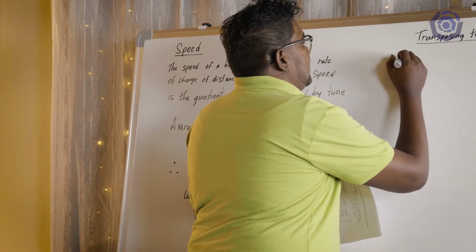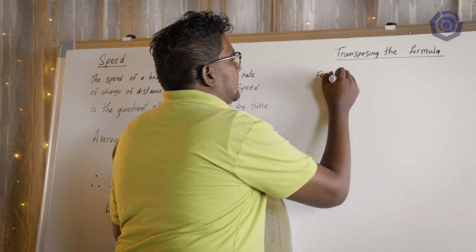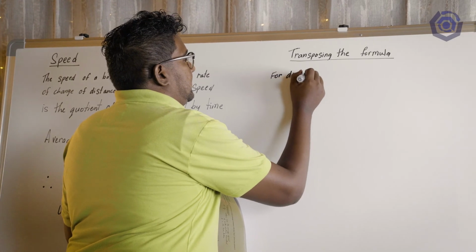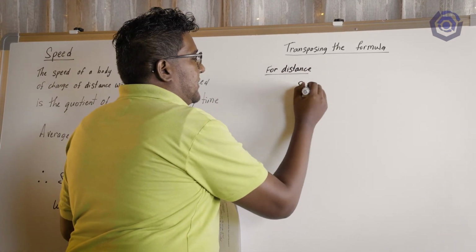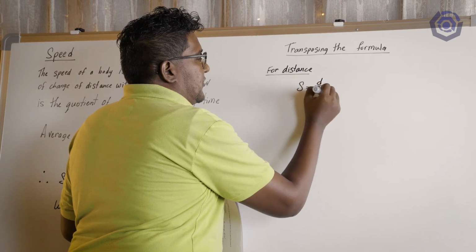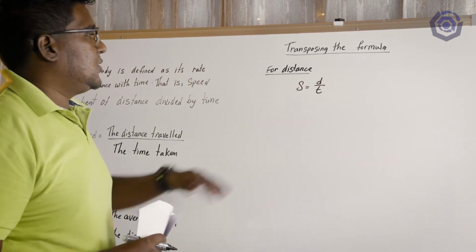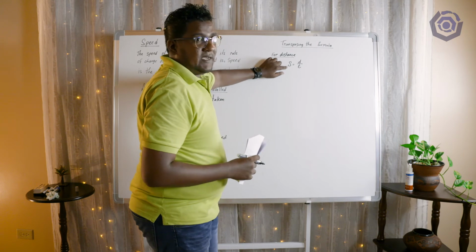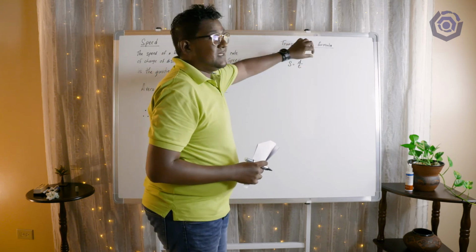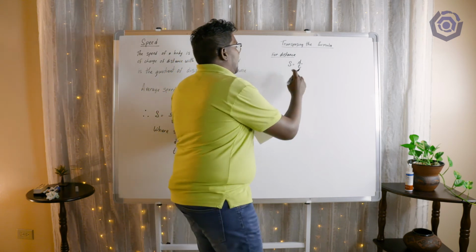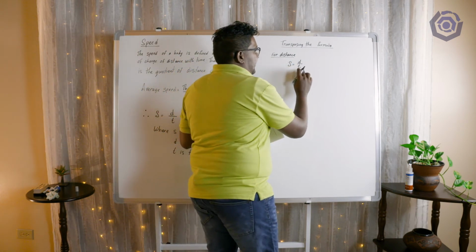So for distance, you remember the formula is speed is equals to distance over time. So how you have s alone on one side, we want to change this formula so that d alone is on one side. The operation here is division.